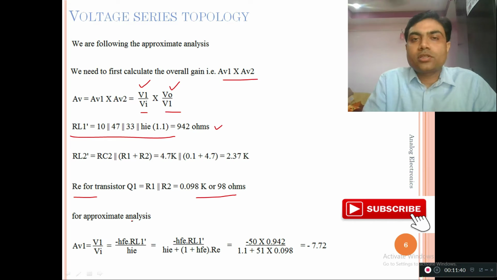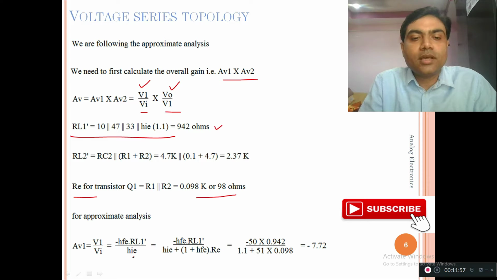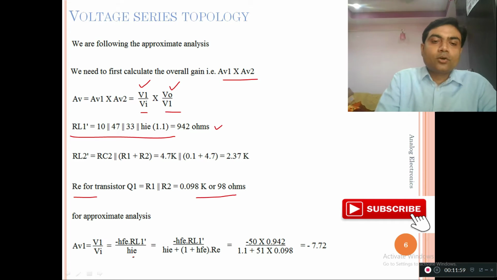For approximate analysis, we know how we can determine the logic to calculate the gain. So in approximate analysis, AV1 can be calculated as minus HFE into whatever load is present upon the input impedance. So input impedance is nothing but the HIE.